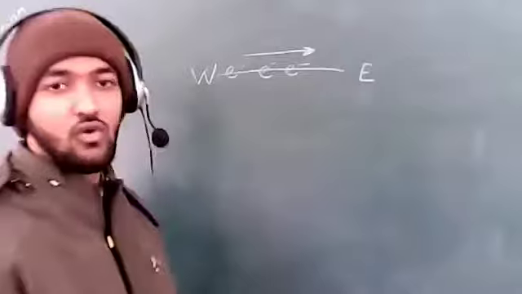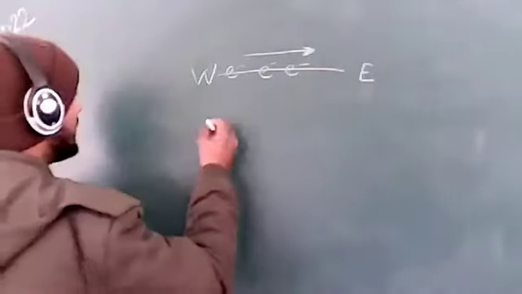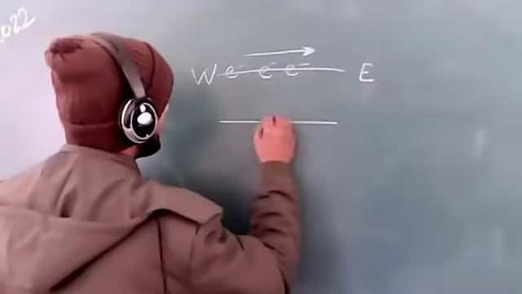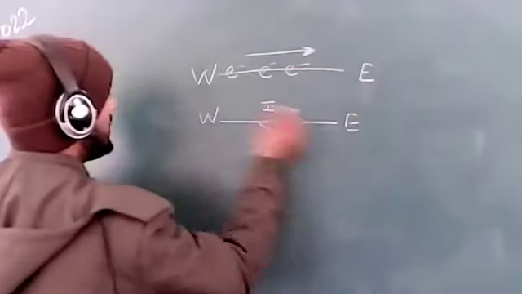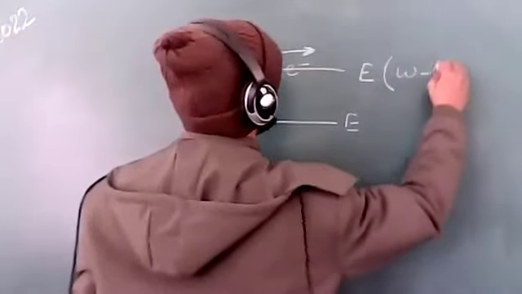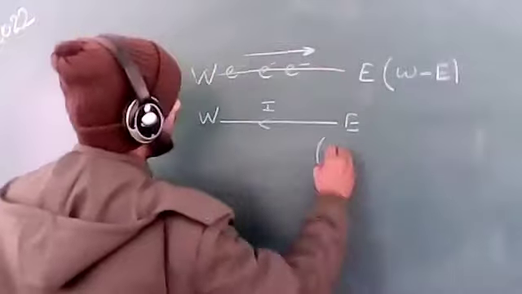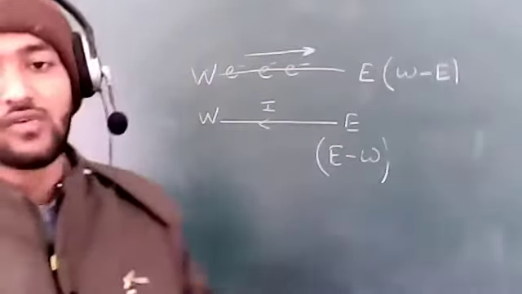Then the direction of flow of current will be east to west, just opposite to the flow of electrons.